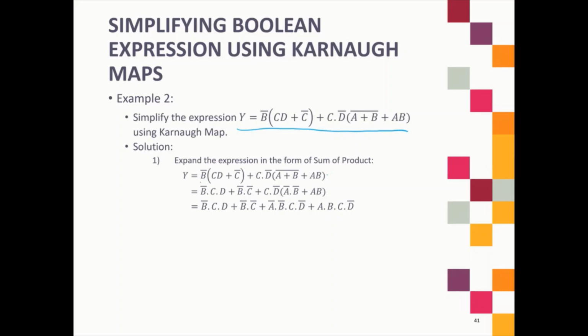So you expand between these two, and you will get this product term. Before you expand between these two, you need to apply De Morgan's theorem to A plus B bar, so you will get A bar and B bar.